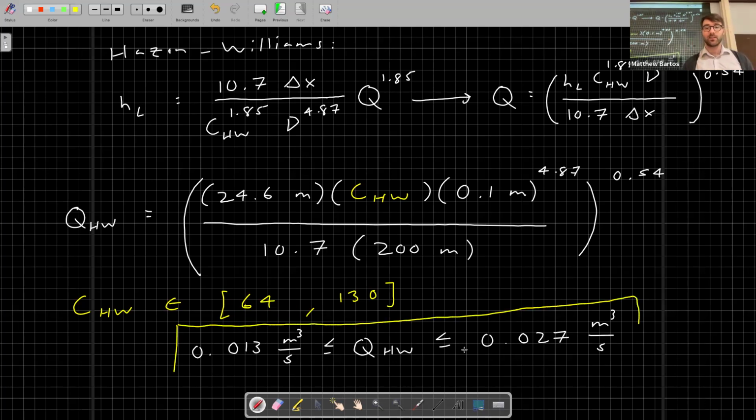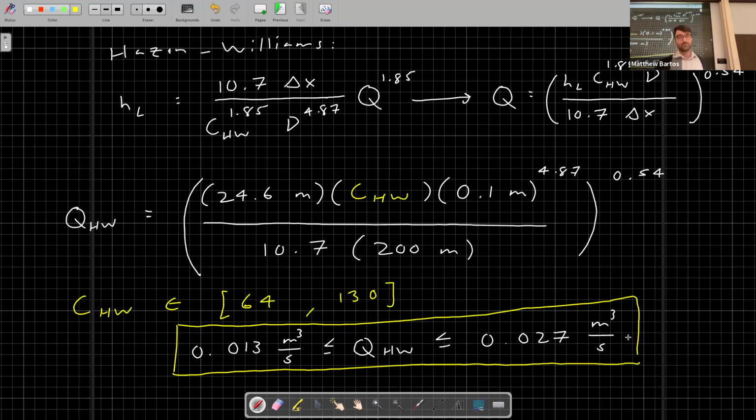So which one of these values corresponds to the larger roughness? Which corresponds to the rougher pipe? The smaller value or the larger value? The smaller value. So the greater the roughness, the greater the head losses there are, and the smaller the discharge will be.